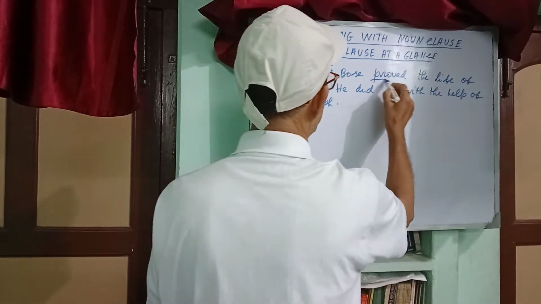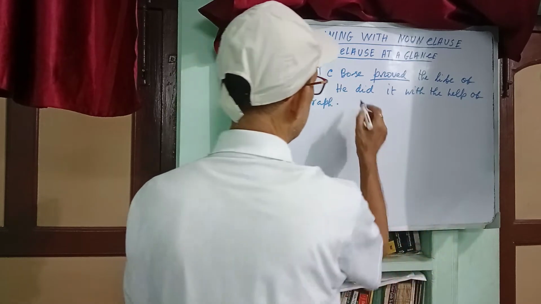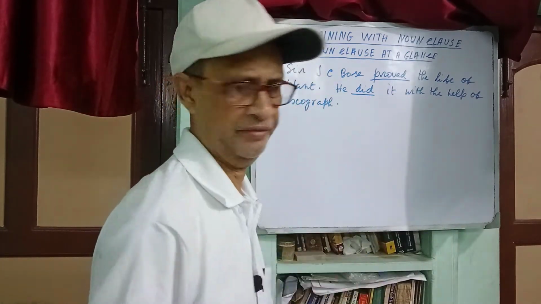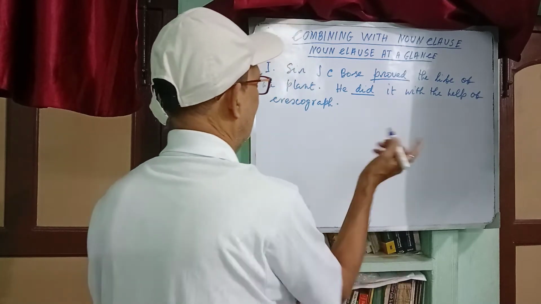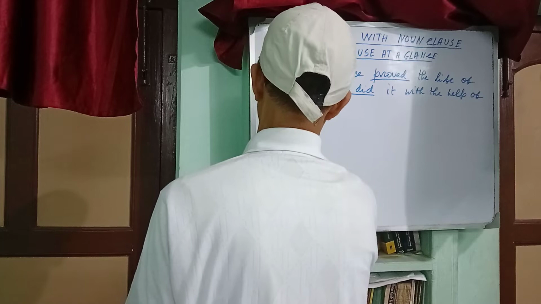In the first sentence, proved is the finite verb. In the second sentence, did is the finite verb. Now, let us join. Answer.